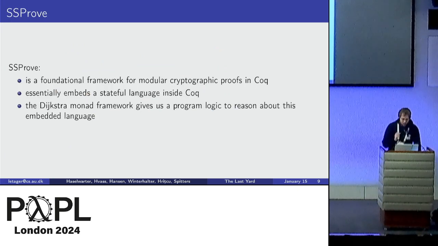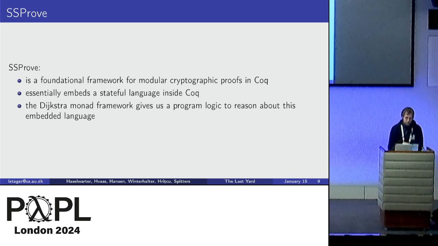Okay, for SSProve, what we actually use is this language, which is a foundational framework for modular cryptographic proofs in Coq, which essentially embeds a stateful language inside of Coq.